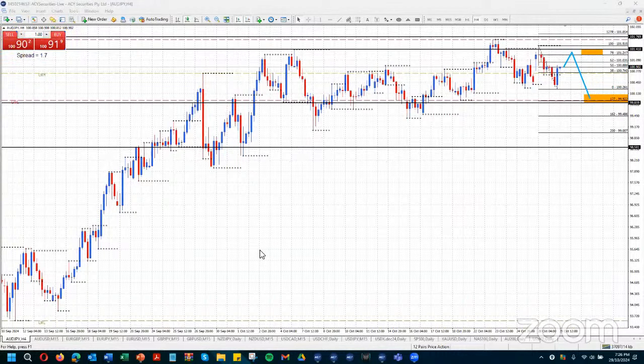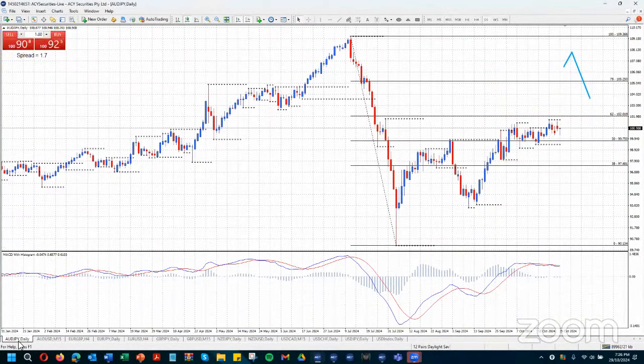Let's look at this 4-hour chart. Start of October is around here, and it hasn't gone too far through the whole of October. What I did notice looking at my MACD charts is there's a bit of negative divergence here as we're sitting in between this 50-62% area.